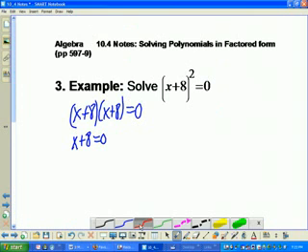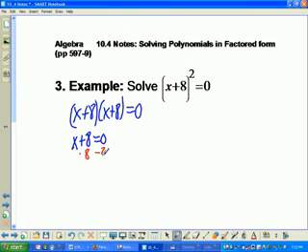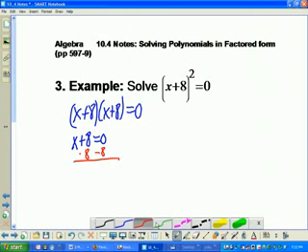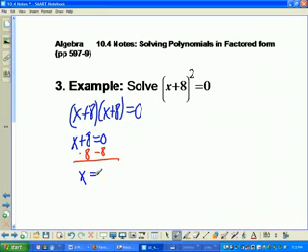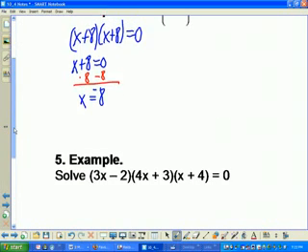I'm going to get the same answer no matter how I do it. I'm going to subtract 8 from both sides, and I'm going to end up with x equals -8. Notice the -8 occurs twice, but it's the same number each time. So I only have to write it down once, and that's all I have to do with that problem.